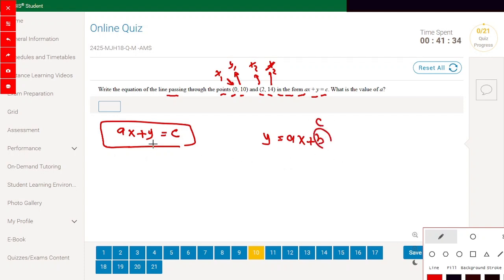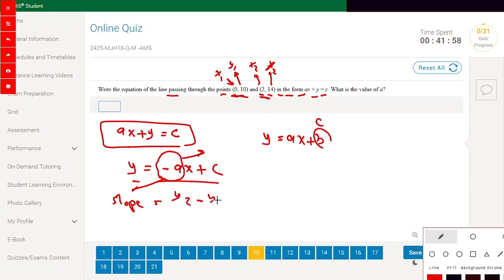So here it means that y will be equal to minus ax plus c, right? And minus a is the slope. So to get the slope, let's substitute in this equation. The slope equals y2 minus y1 divided by x2 minus x1.